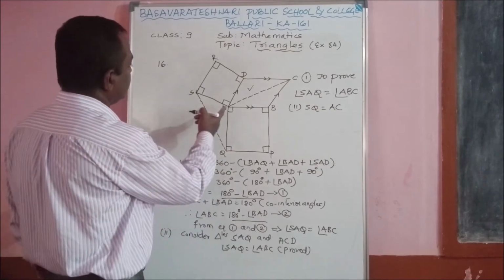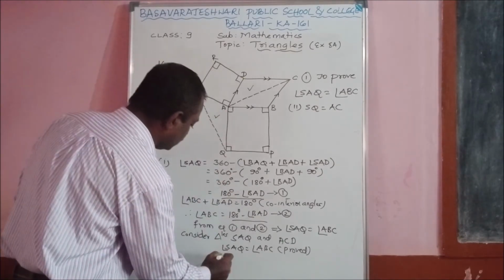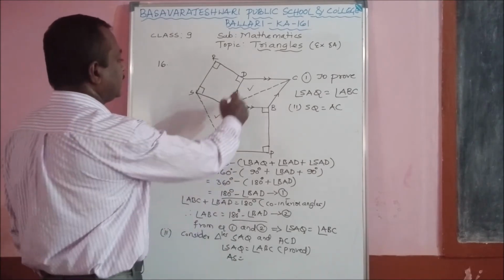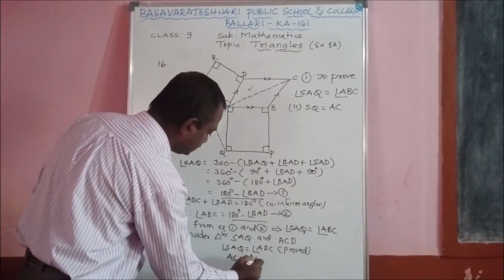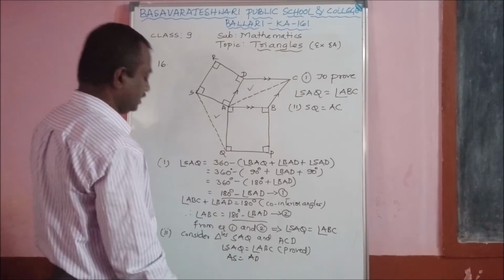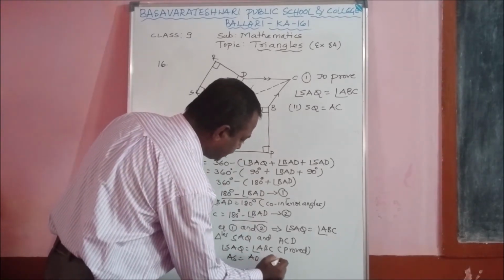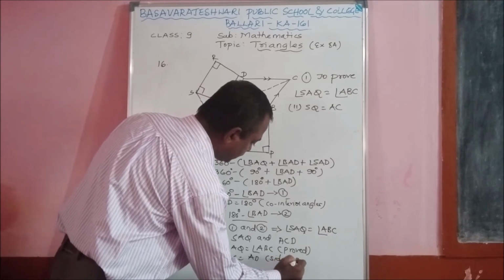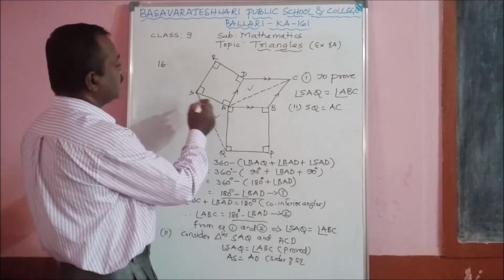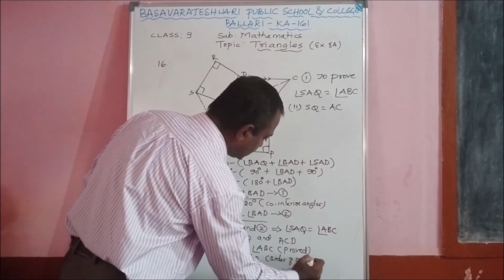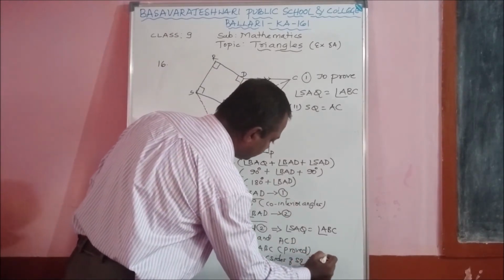Now take sides. AS is equal to AD, we can take AD, sides of a square.